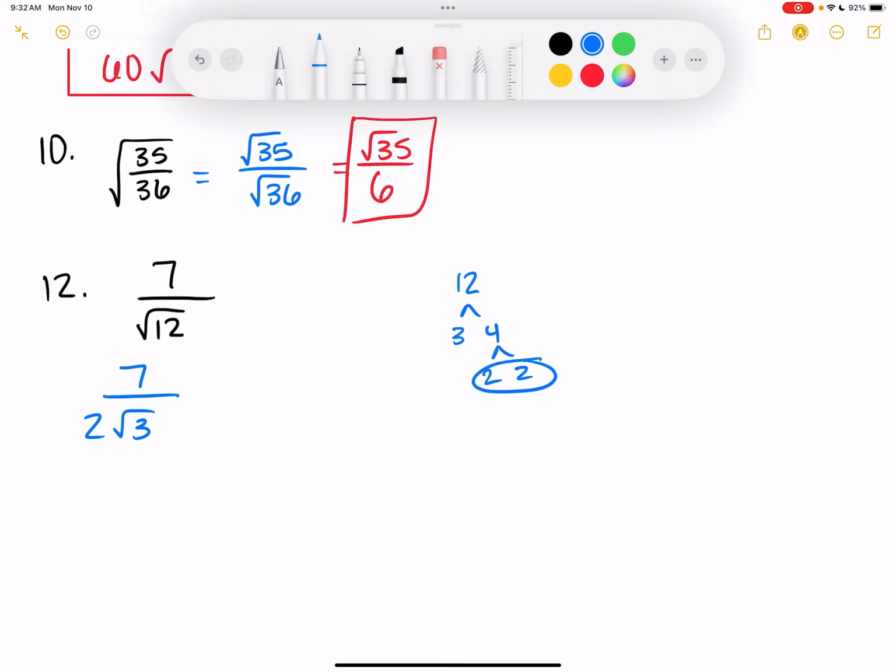This is bad. I cannot have a radical on the bottom. So I'm going to multiply by the square root of 3 over the square root of 3. So on top, I end up with 7 root 3.